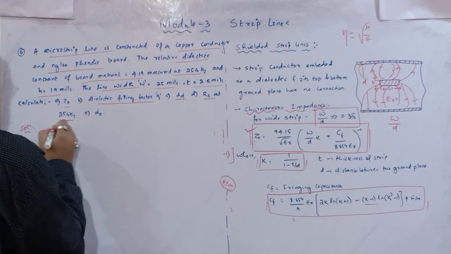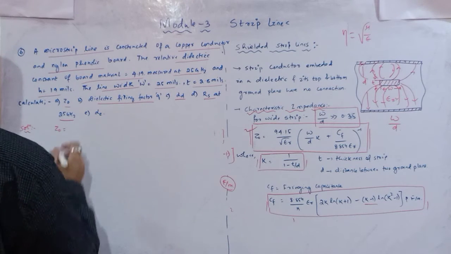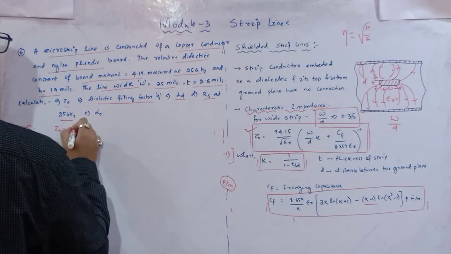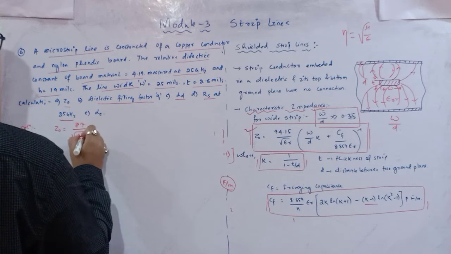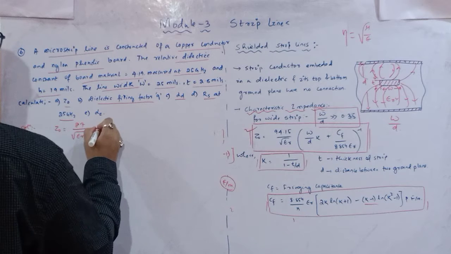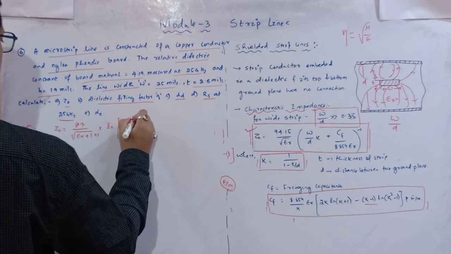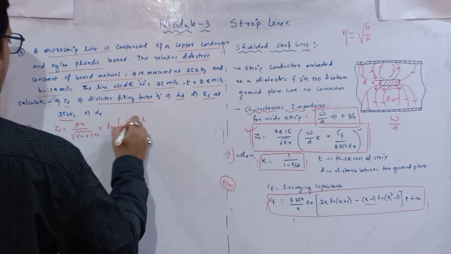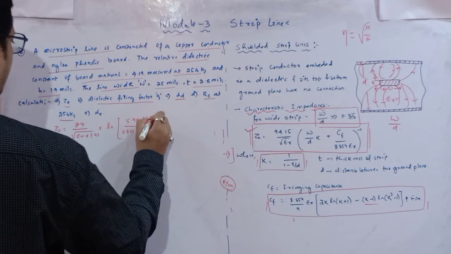So first is our characteristic impedance. In the first problem we used the same relation. It is 87 over root of epsilon r plus 1.41 times ln of 5.98 h divided by 0.8 w plus t.